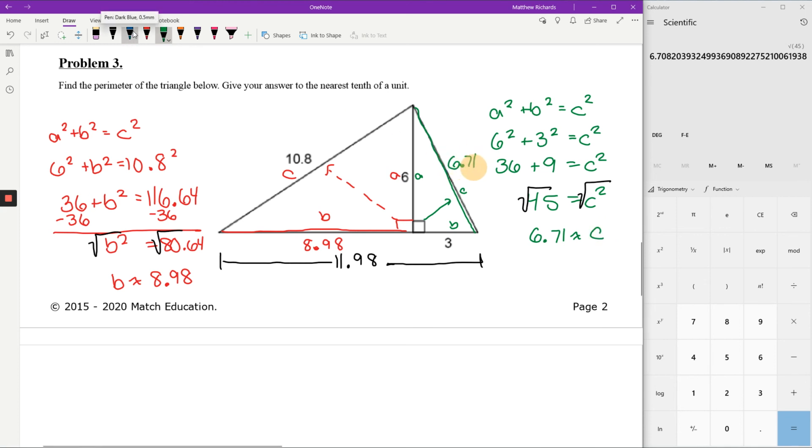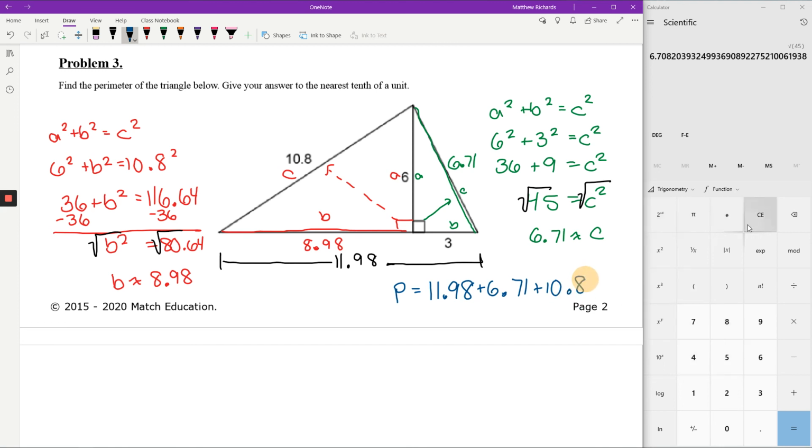And now lastly, to find my perimeter here, it's going to be the 11.98 of this length here. And then it's going to be added to that 6 and 71/100ths that we found right there, and added to the 10 and 8/10ths.